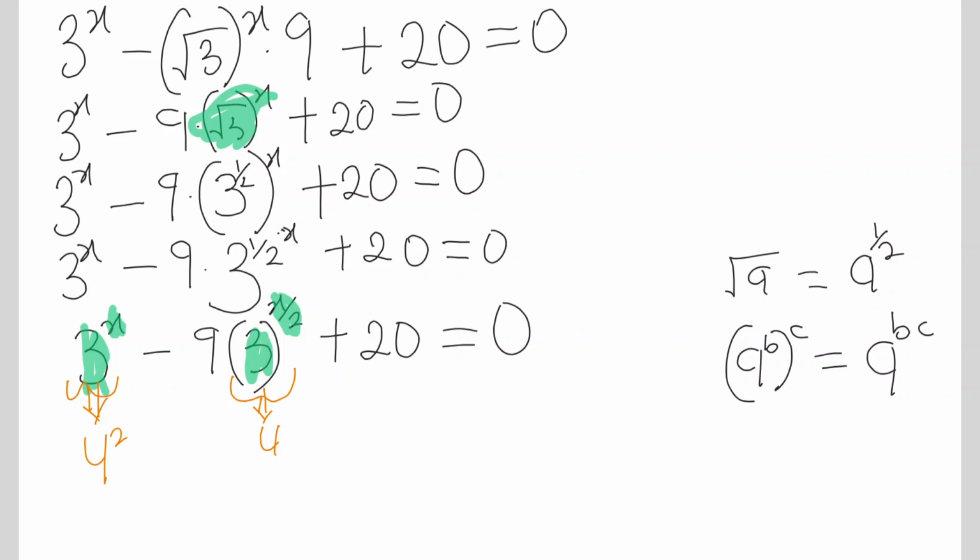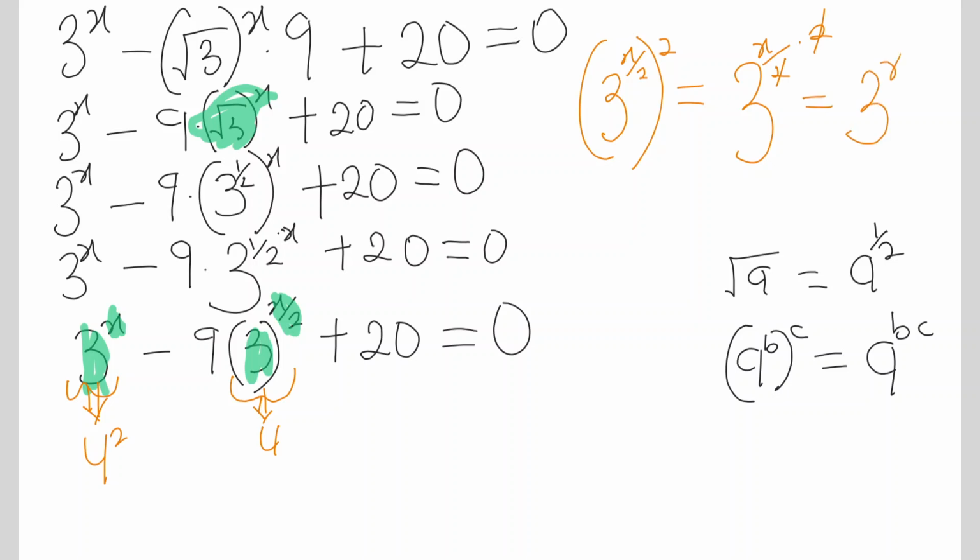So let me quickly prove it. If I have 3 raised to the power of x over 2, then that's u. Then squaring it, what is it going to give us? It's going to give us 3 raised to the power of x over 2 times 2. Of course, 2 and 2 cancel out to give us 3 raised to the power of x.